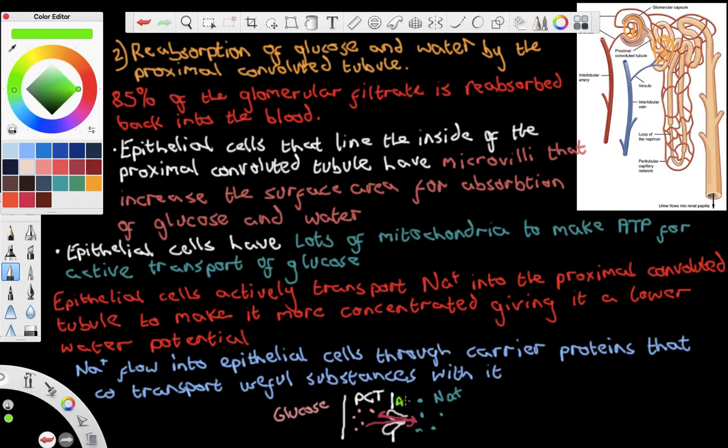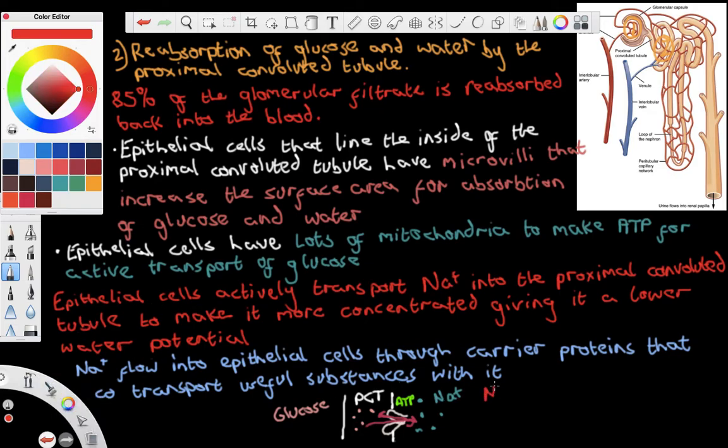It would use energy to do that, but it would exchange useful substances for sodium. Now ultimately what is then left is lots of sodium ions inside of the proximal convoluted tubule.